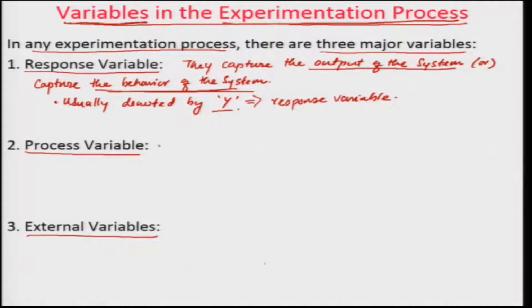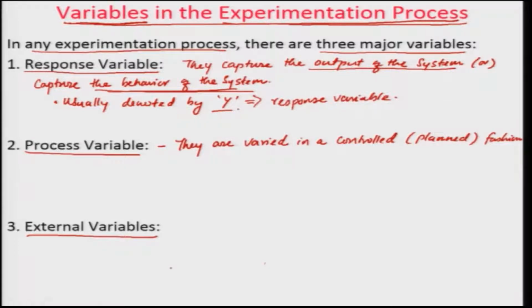Then we talk about something called a process variable. Okay. So, what is a process variable? They are varied in a controlled or planned fashion during the experimentation.